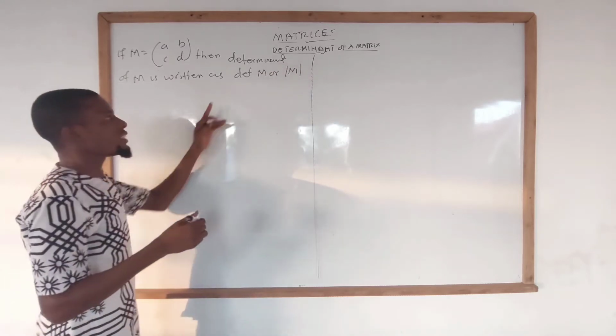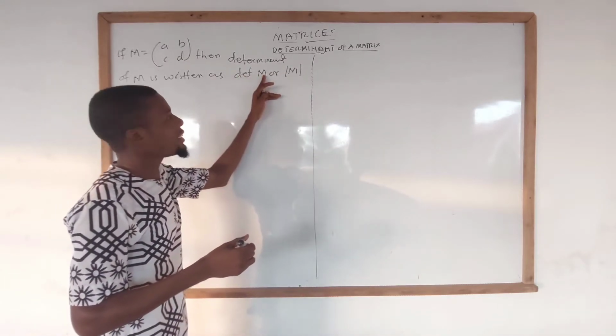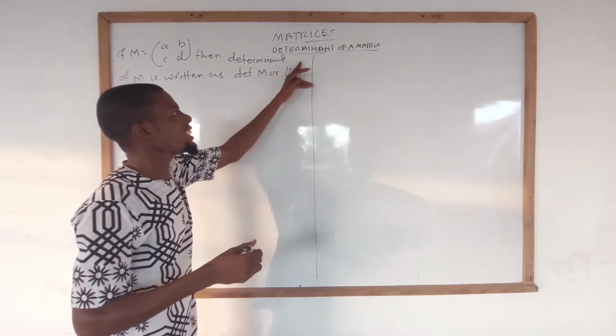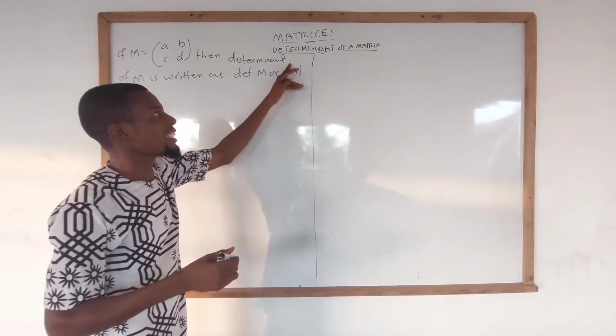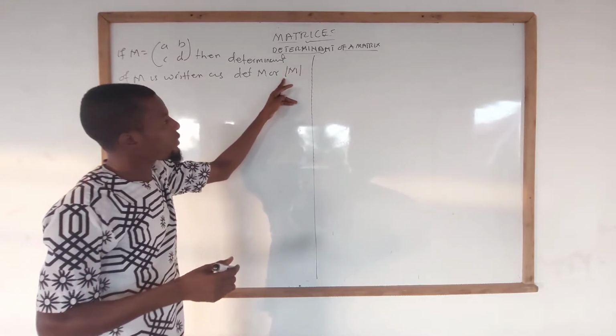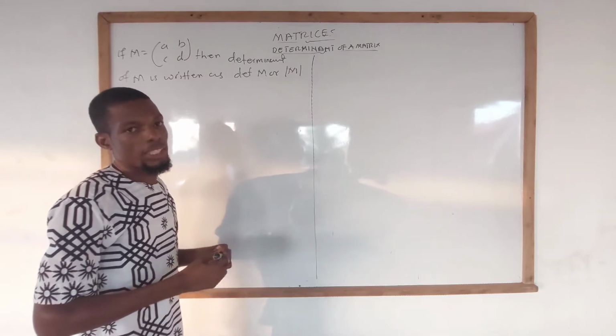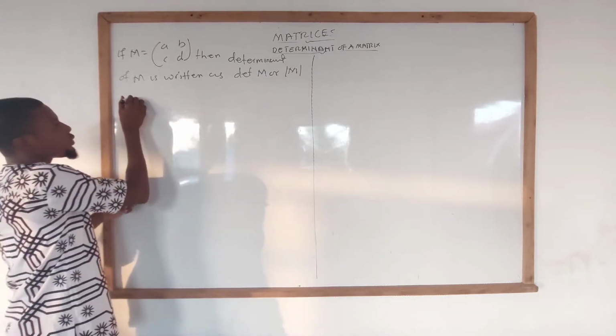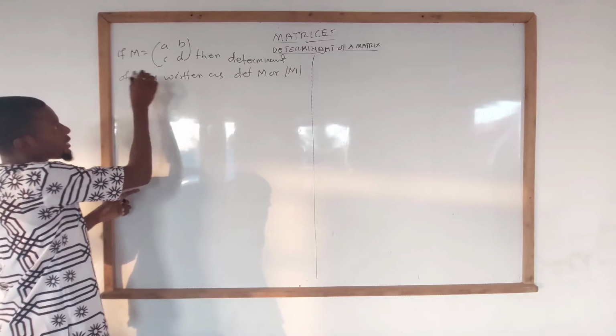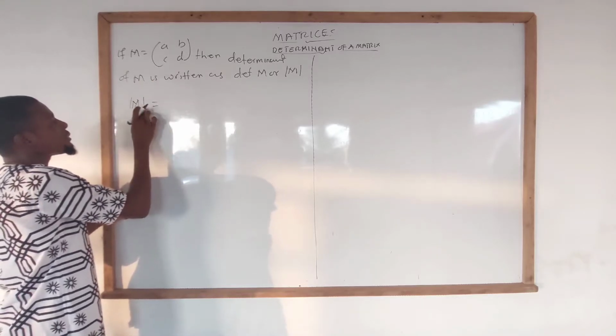So when you see det of M, it means determinant of M. When you see the bars, it also means determinant of M. This doesn't mean magnitude. In matrices, this means determinant.